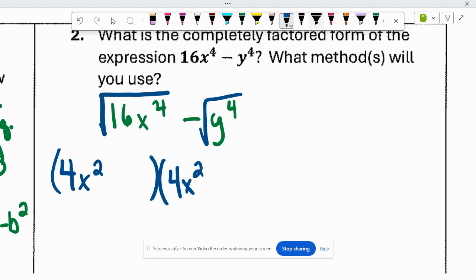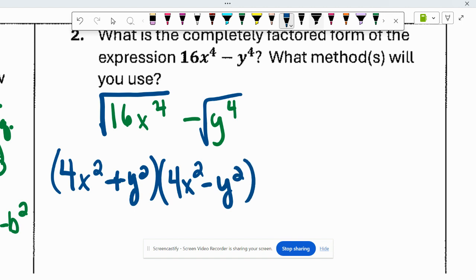What number do I multiply by itself to get y to the 4th? Y squared. So we're going to put a y squared at the end of that, and we're going to join them with a what? A plus and a minus. So I have 4x squared plus y squared, and I have 4x squared minus y squared.